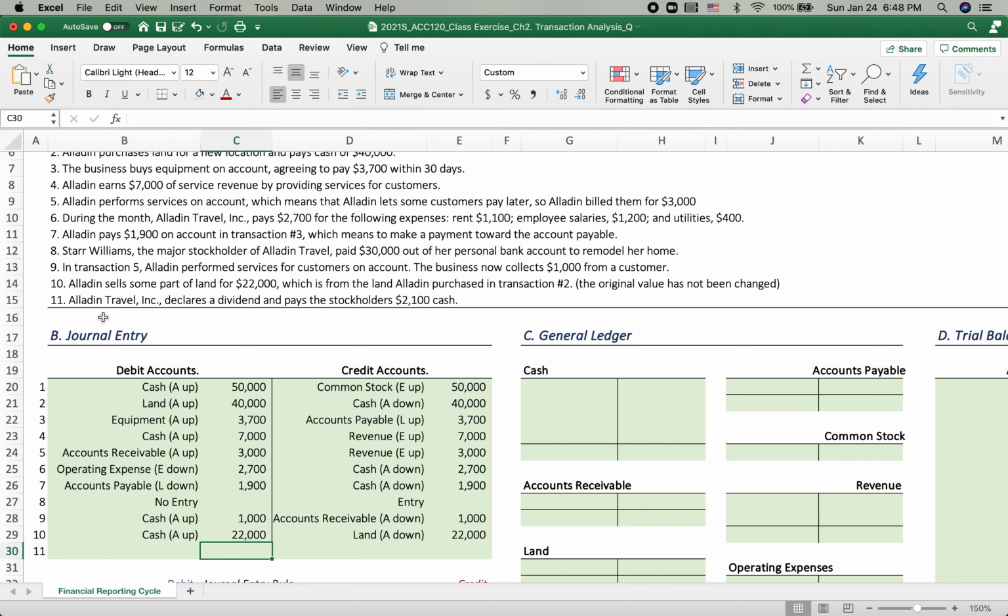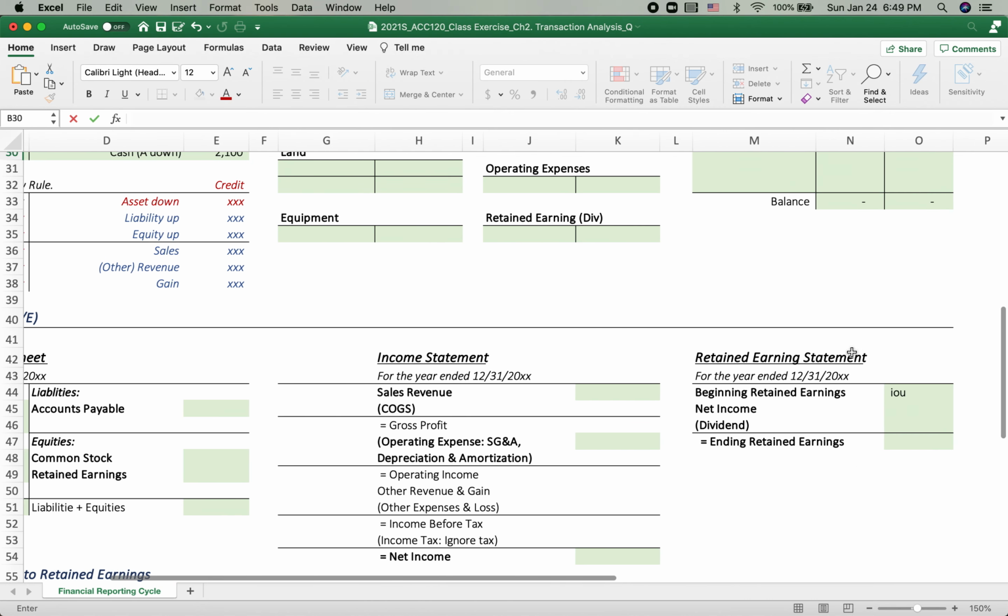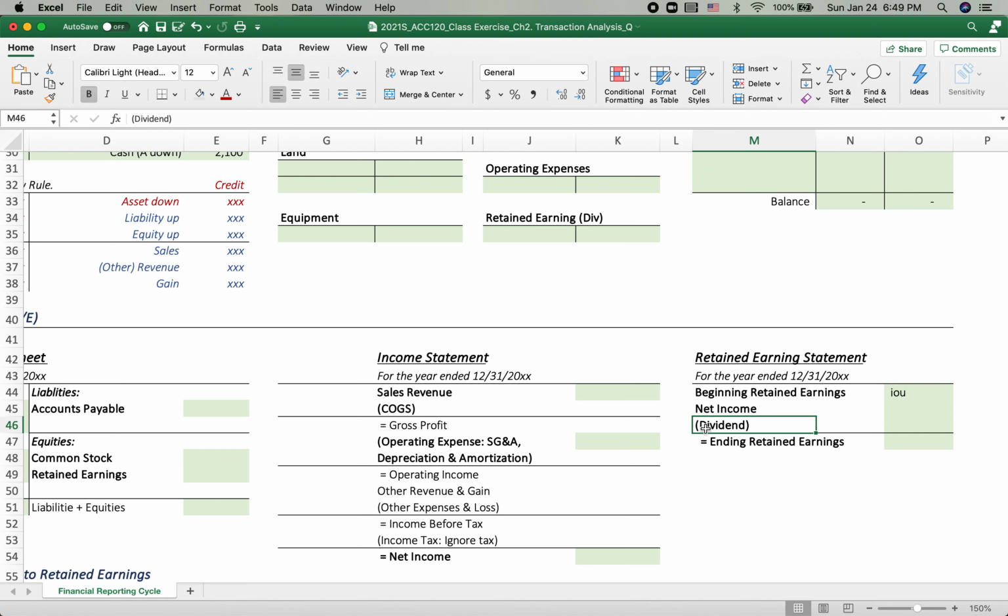Number 11, Aladdin Travel Inc. declares a dividend and pays the stockholders $2,100 cash. Let's do the easy one first. The cash out, how much? 2,100. And then here, it's a little bit tricky. You can type just the dividend, but you have to remember that retained earnings include the dividend. When the company pays a dividend, the retained earnings, accumulated from the net income from the start of the business till now, are reduced.